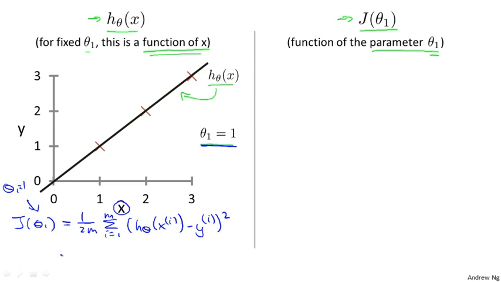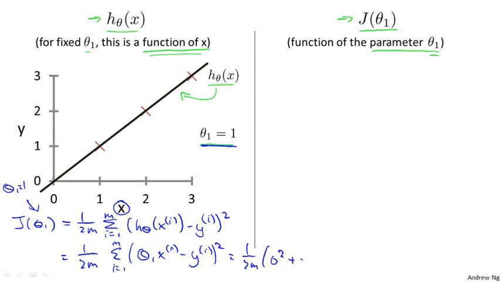And this is therefore equal to the sum of (theta 1 times xi minus yi) squared. And if you simplify, this turns out to be 0 squared plus 0 squared plus 0 squared, which is, of course, just equal to 0.